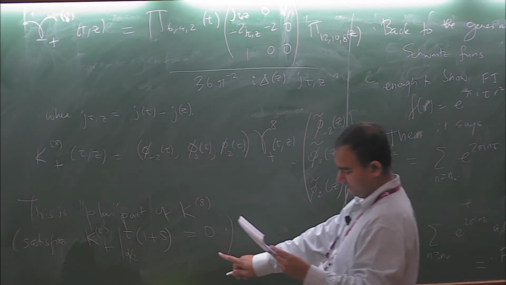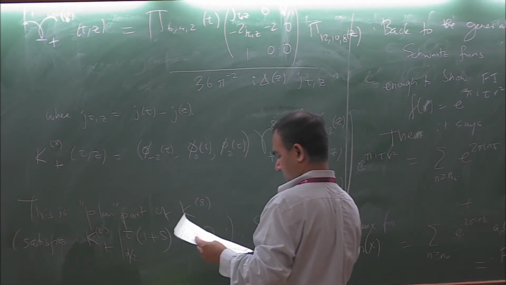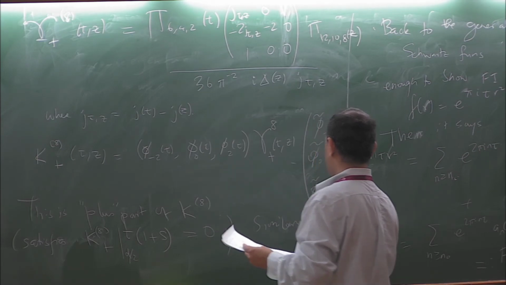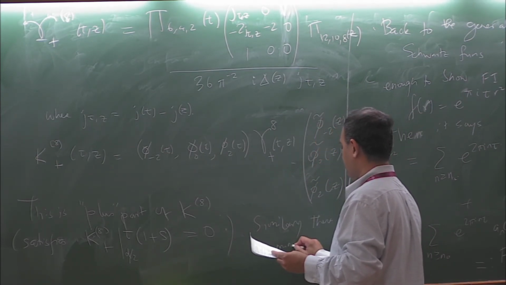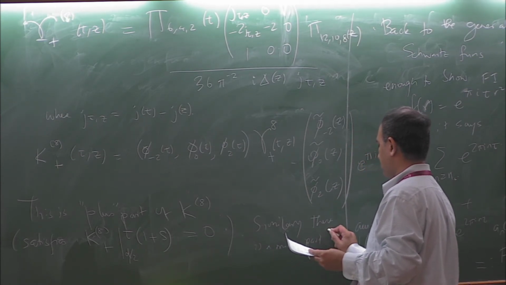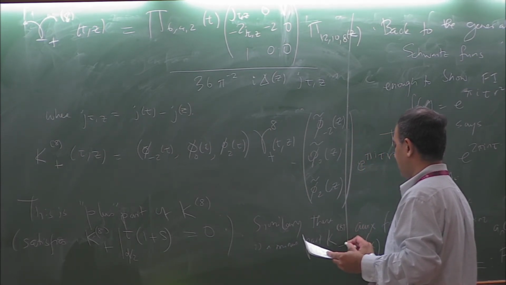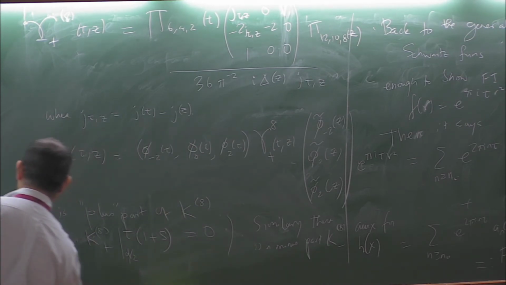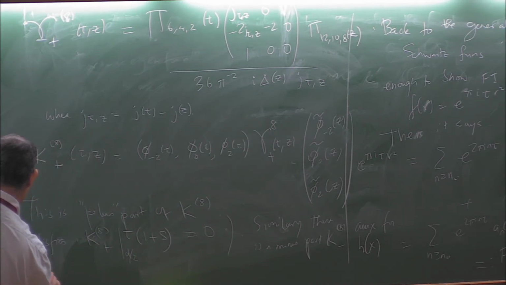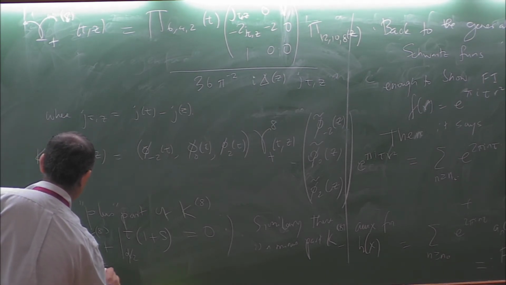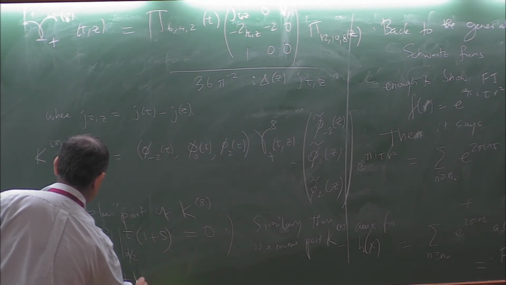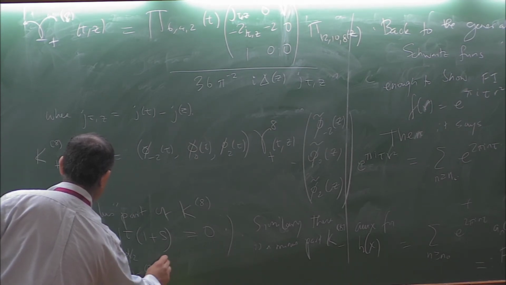So similarly there is a minus part, K8 minus, and then the kernel itself is half of the sum: K8 is 1/2 of K8 plus plus K8 minus.